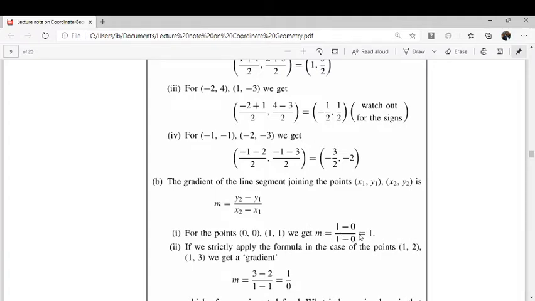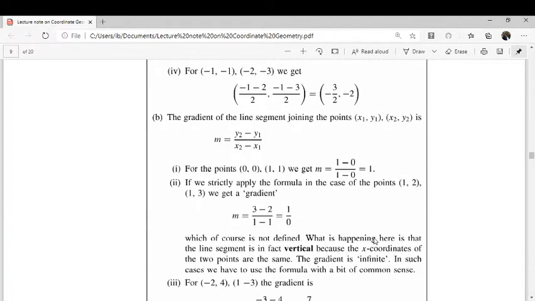That's the gradient of the line. You have 1. In the same way also you have these 2 points, x1, y1, x2, y2. So when you apply your gradient here, you are going to see something.